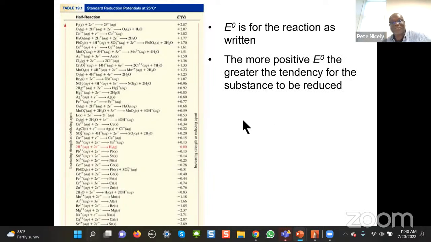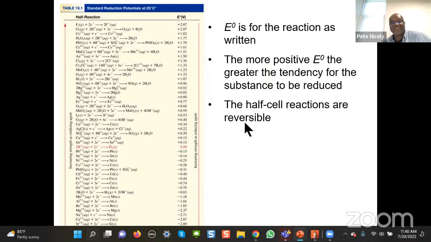Another statement which is true, and this will become important when it comes to doing certain calculations, the more positive the standard reduction potential, the greater the tendency of the substance indicated to be reduced, right? That important fact will become very important when we do certain calculations.